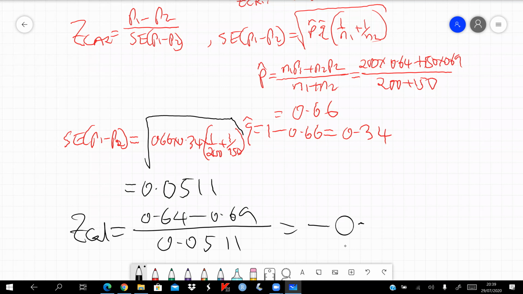That gives minus 0.9785. I want to round it off to 2 decimal places.